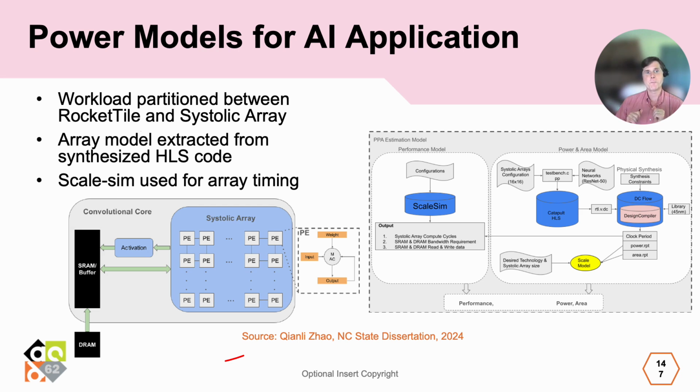Then to figure out how long those networks were going to take to execute, he used this popular tool ScaleSim, for certain different convolutional network shapes and sizes, to find how many cycles they would take to run through a systolic array.